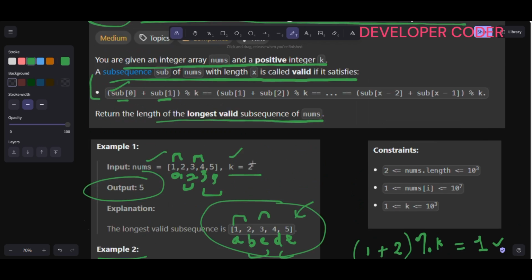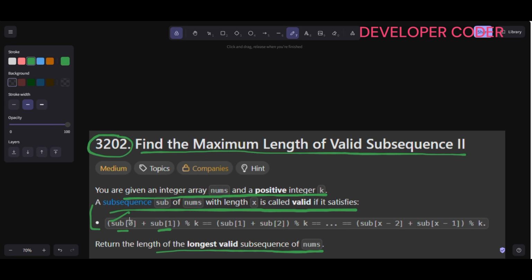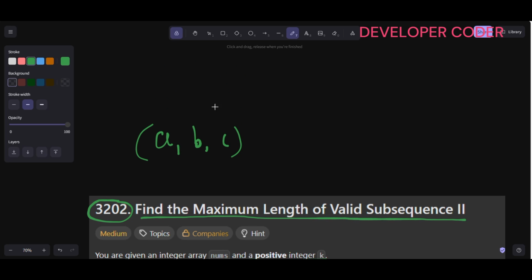All right, now if you see this, let's suppose a, b and c is a valid subsequence. If it is a valid subsequence, then I can say that (a + b) modulo k should be equal to (b + c) modulo k.